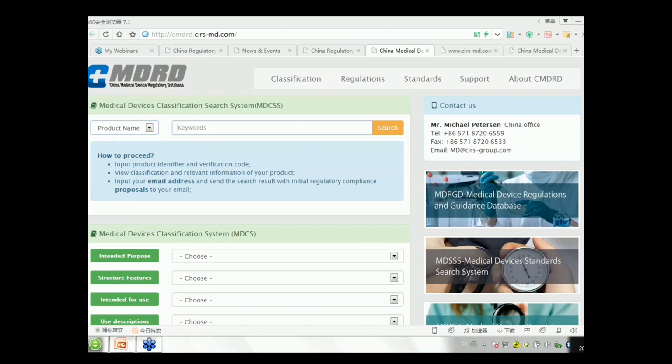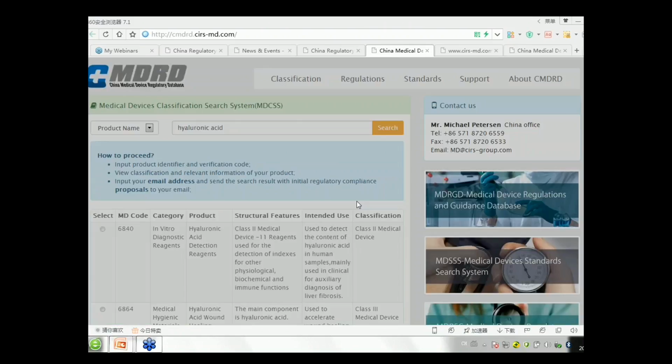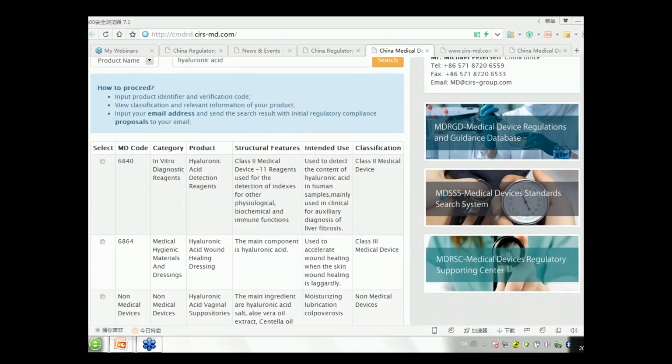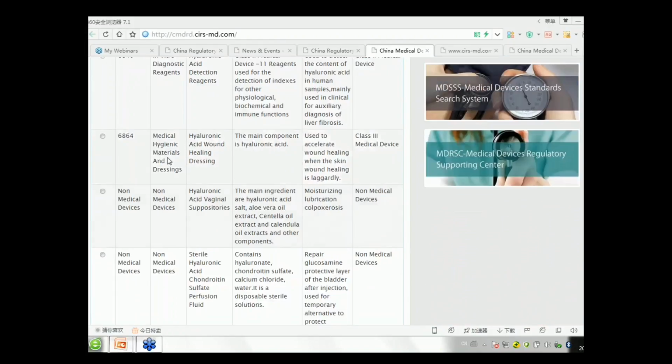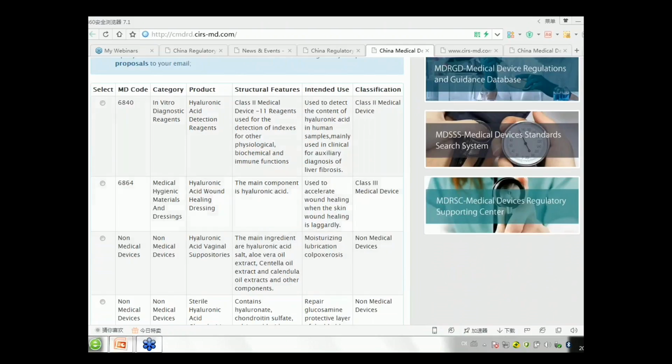It's much easier to use the product name, like hyaluronic acid, which is a very popular product for women. Okay, the verification password, WJQUB. Okay, go.